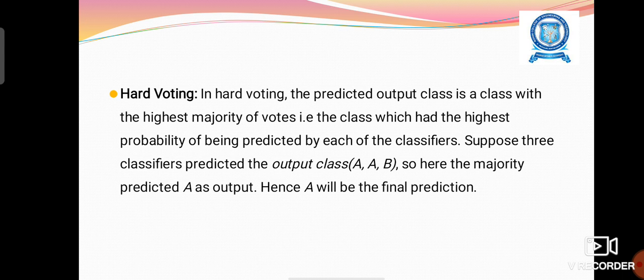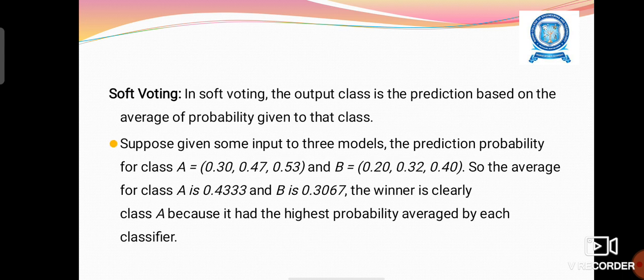For example, there are three learners providing their predicted outputs A, A, B. So the majority voting result is A and the final prediction output will be A. In soft voting, the prediction probability values provided by the different learners are averaged to find the final value, and based upon the highest probability value the final class is confirmed.